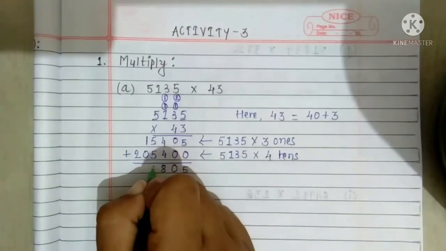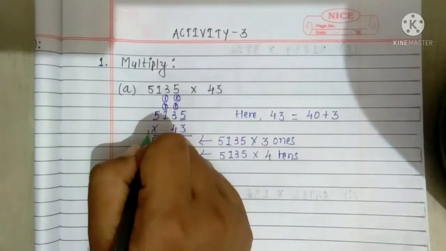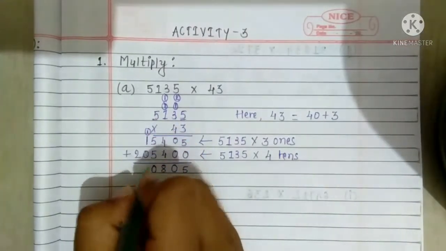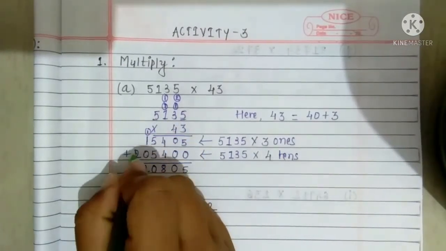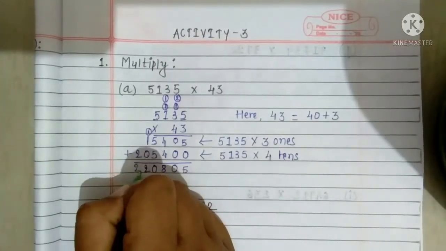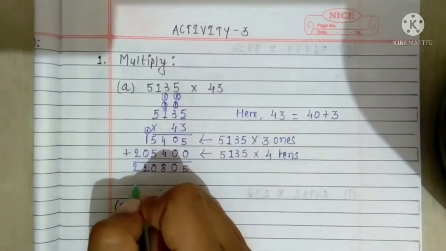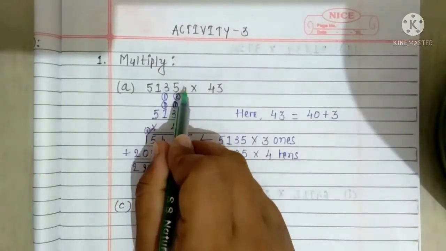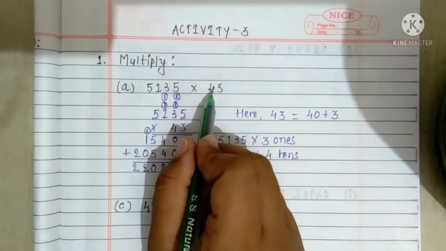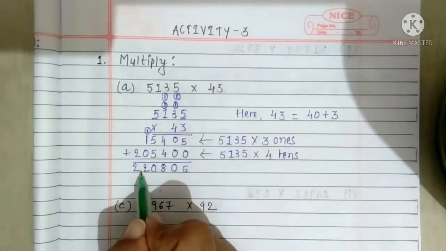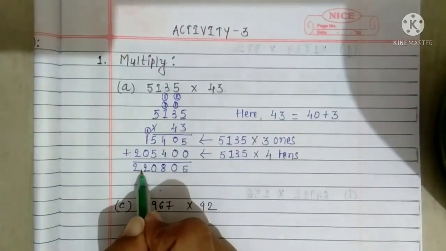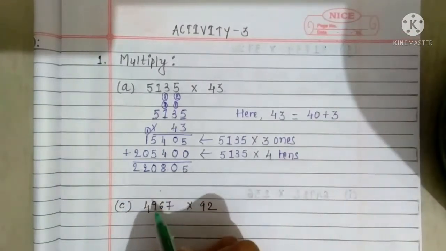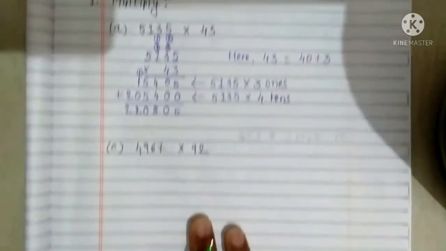So 10 का 0 आंसर में कैरी ऑन 1. 1 plus 1 plus 0 answer is 2 and at last 2. So product of 5135 and 43 is 2,20,805.